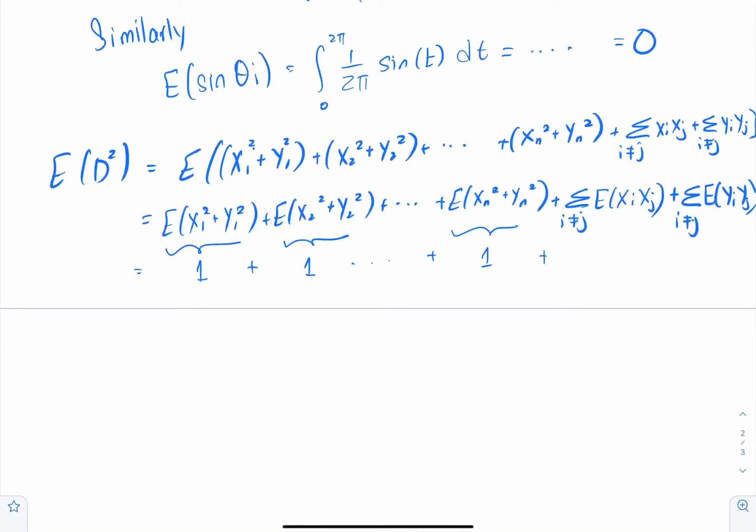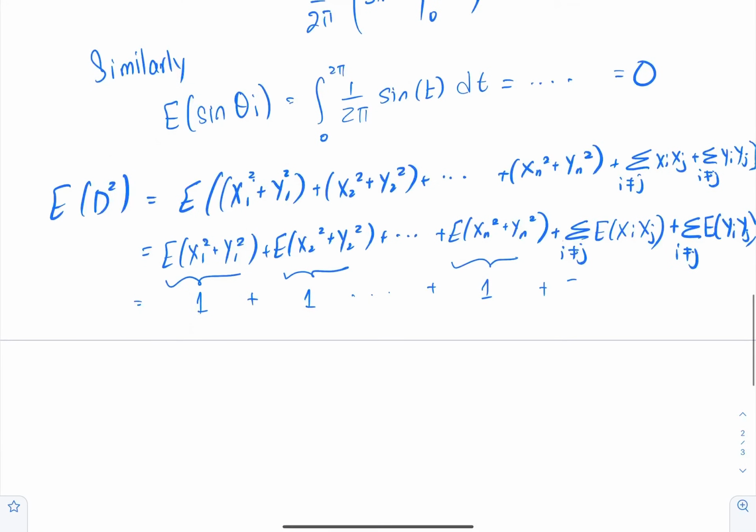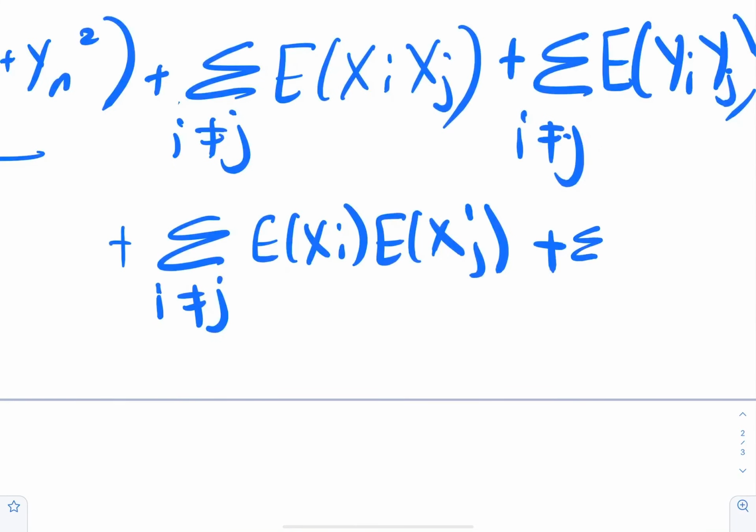Okay, and the expectation of xi xj is the product of the expected values, and each one of these is 0.